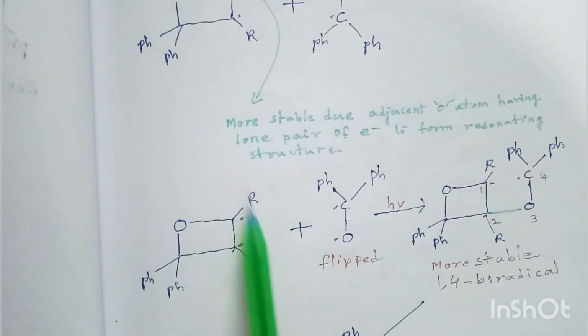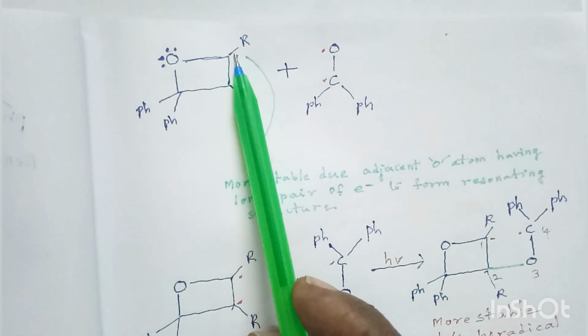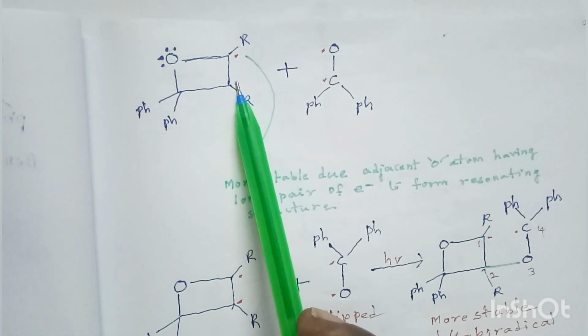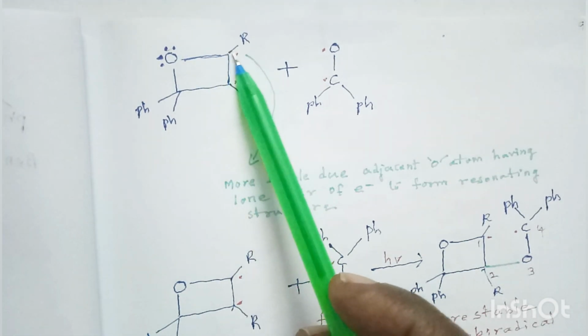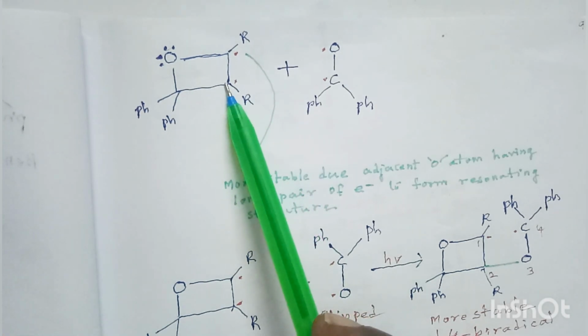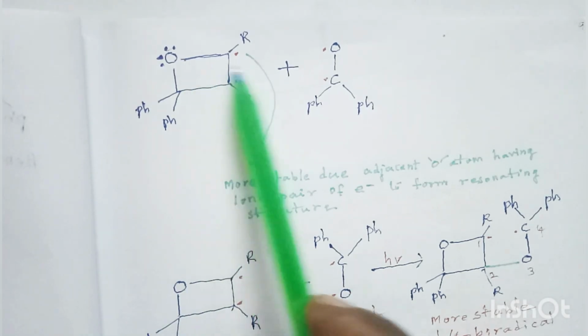So we got two radicals here. One radical on this carbon atom, one radical on this carbon atom. This has an alkyl group attached to it, this has an alkyl group attached to it, and another carbon atom attached and another oxygen attached here.